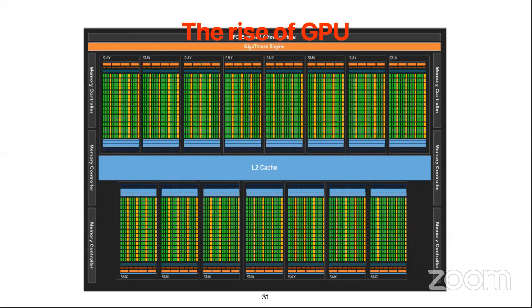So let me give you another example about how many cores, how much parallelism, we are having now. This is a GPU. A GPU is basically a collection of streaming multiprocessors. This is a very early generation of NVIDIA, I think the Pascal generation, which is probably 2 generations ago, a very old generation GPU.